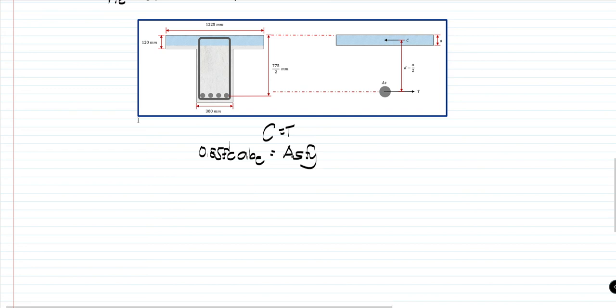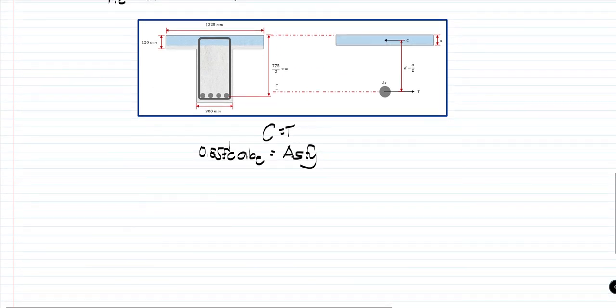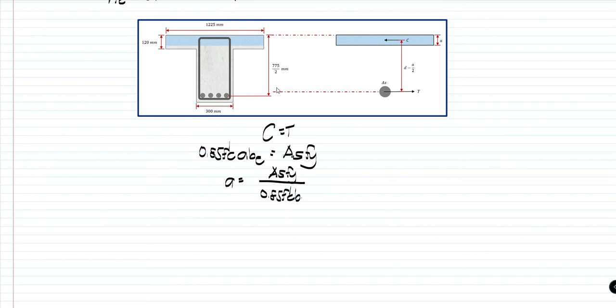Okay lang naman na yung ABE is equate nyo dito. Basta kompleto yung decimal nito para hindi masyadong malayo yung naisasagot niya. Pero kung 2 to 3, last 2 decimal lang yung discrepancy nila, maybe okay yun and acceptable. So that will be equal now to A is equal to AS FY over 0.85 F'C BE.